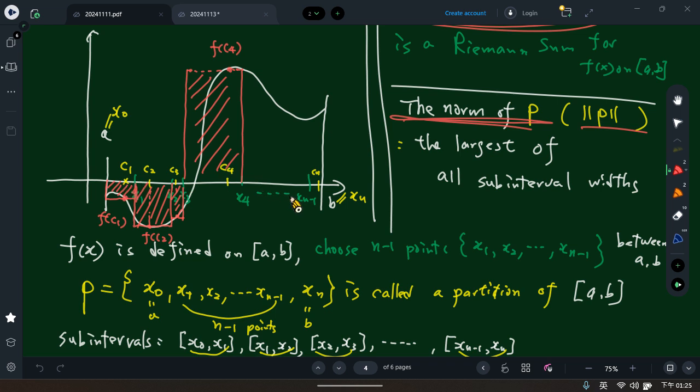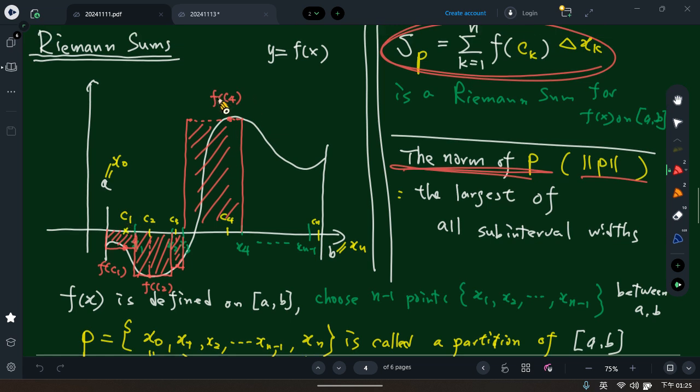After we pick this point, we use this point as the sample point and use it as an input. Then we use the input for the function f of x, and we get the function value. Like here, we will get f of c1. f of c1 will be used as the height for this rectangle.